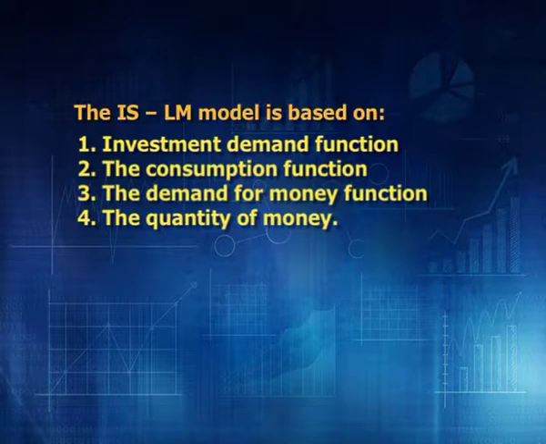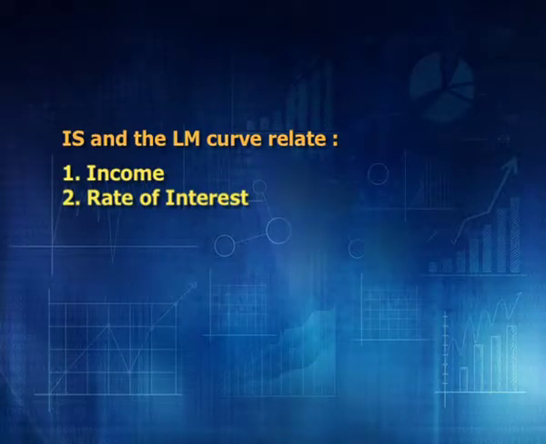The IS-LM model is based on the investment demand function, the consumption function, the demand for money function, and the quantity of money. Thus, the IS and the LM curve relate the two important components, that is income and rate of interest.